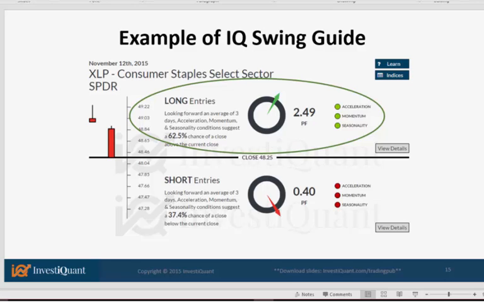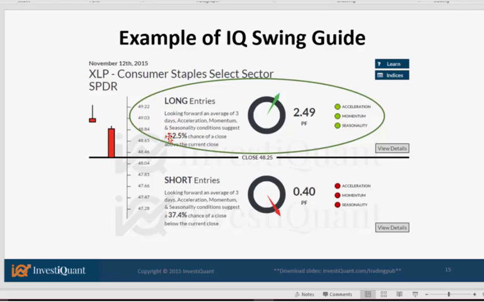I'm going to be showing you some trading techniques that are separate from our guides, and then I'm going to mix our guides in there. This is a screenshot from InvestiQuant, and this looks at XLP, the consumer staples select sector SPDR ETF. There are a couple of stats here.